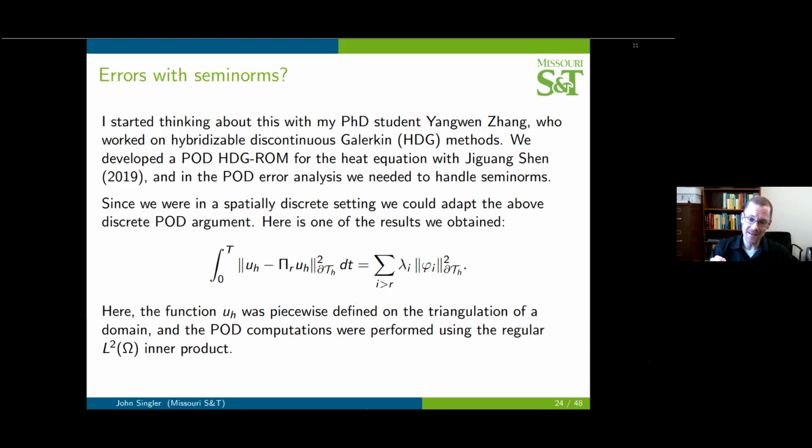So U has a trace, but instead you approximate that directly. So we computed three different POD bases: the state, the flux, and the trace on the skeleton of the mesh.